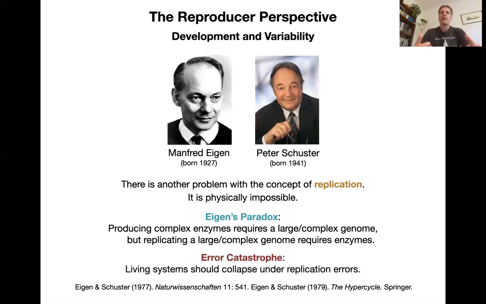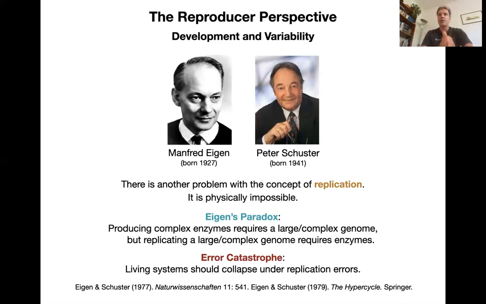So what you get if you just have a naked replicator is an error catastrophe. Basically, the larger the genome that you need to replicate, if you don't have some really, really good mechanism to minimize errors, you just degenerate under replication errors. So you're not stable enough to evolve.